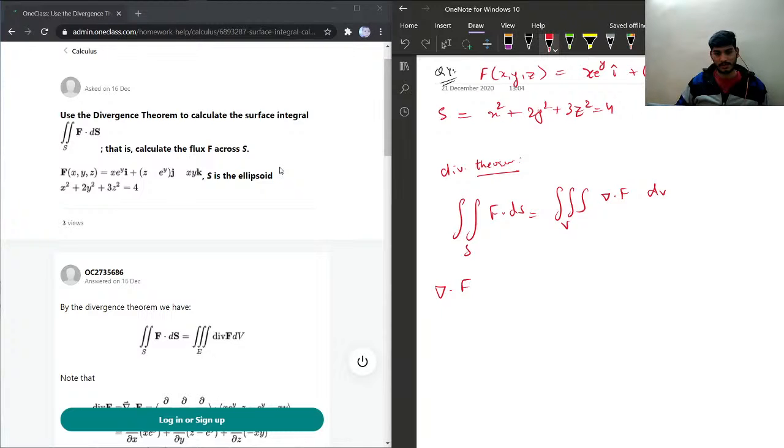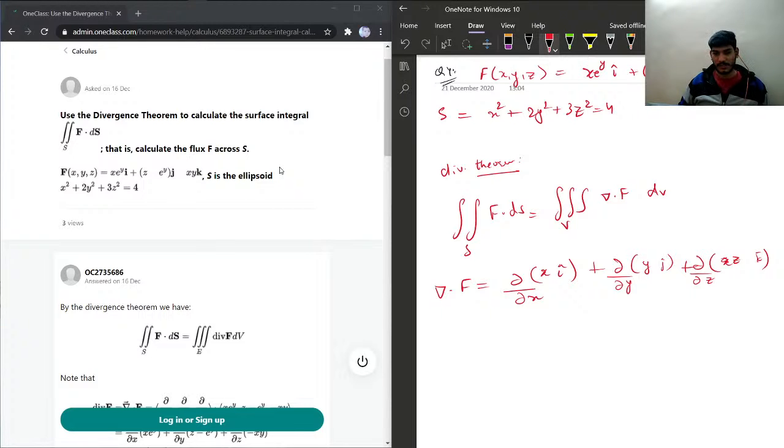So divergence of f is nothing but the i component term, the j component term, and the k component term.